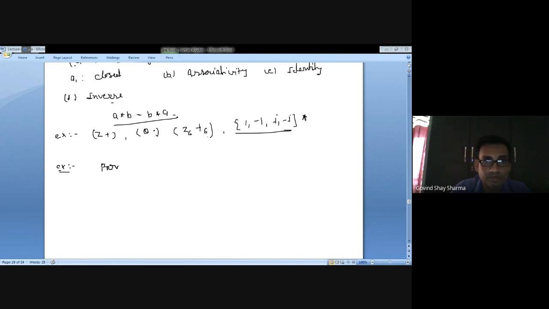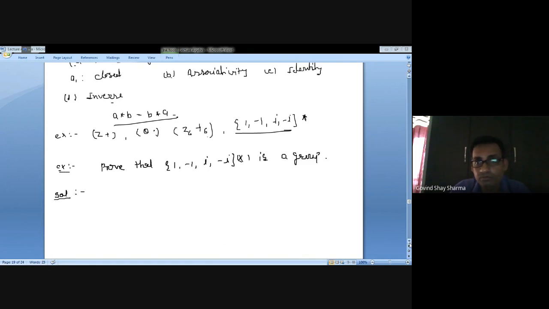Prove that {1, minus 1, iota, minus iota} under multiplication is a group.